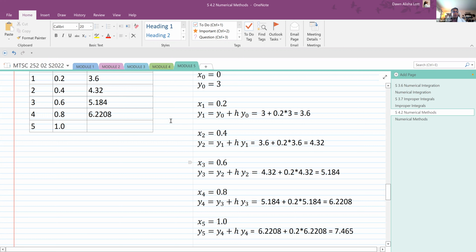And that is 7.465. Okay, so I can now say that y of 1 is approximately 7.465. So this is the computed value.